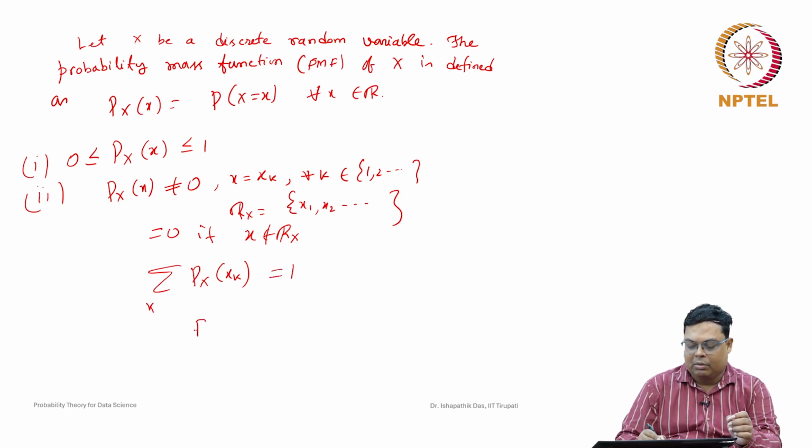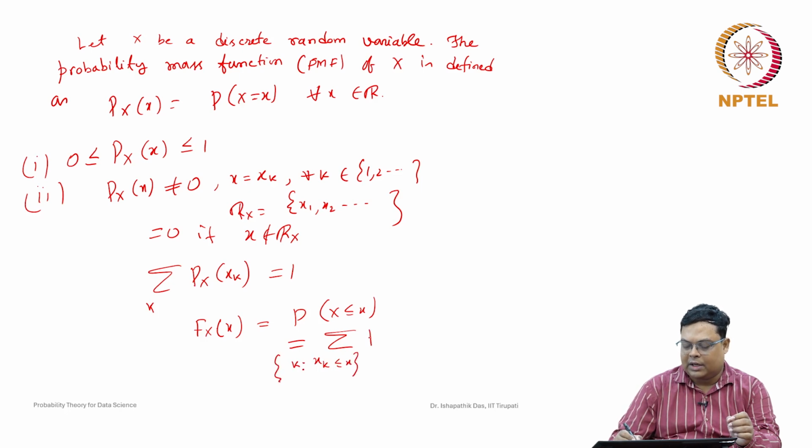How will we find the cumulative distribution function of X from the probability mass function? This is nothing but the sum over all k such that x_k is less than or equal to x of p_X(x_k). So, this will be 0 when x is less than the minimum value of this range x_1, supposing we write in ascending order.